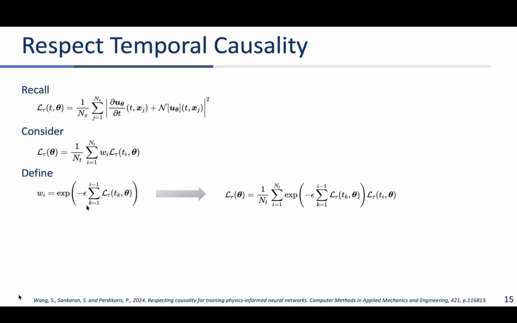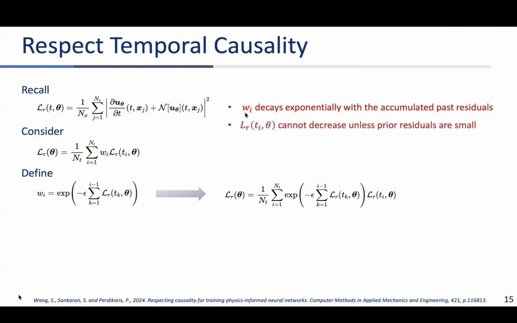By doing that, those weights, those w_i's, will decay exponentially with the accumulated past residuals. And this guarantees the temporal PDE residual loss at time t_i won't be minimized unless prior residuals achieve small values, meaning that they are properly minimized.